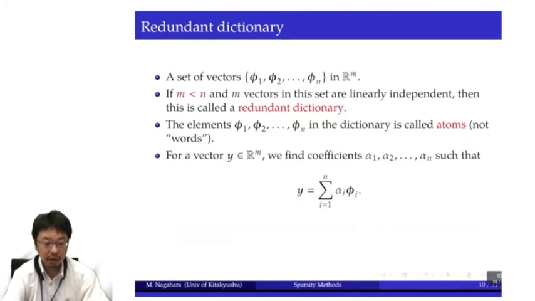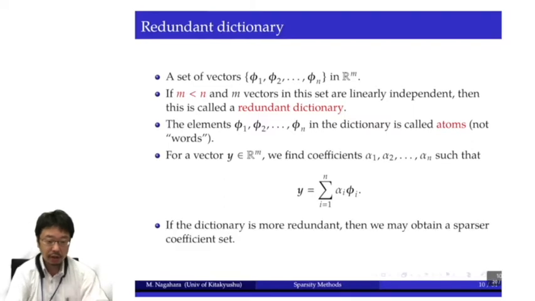For a vector y in Rm, we find coefficients alpha 1, alpha 2, and alpha n such that y is represented by a linear combination of these atoms. We can say that if the dictionary is more redundant, then we may obtain a sparser coefficient set.